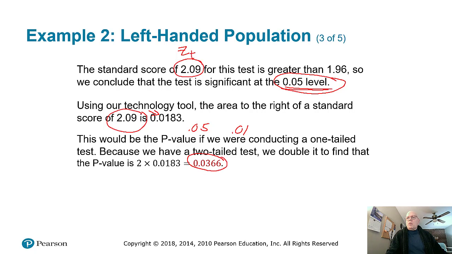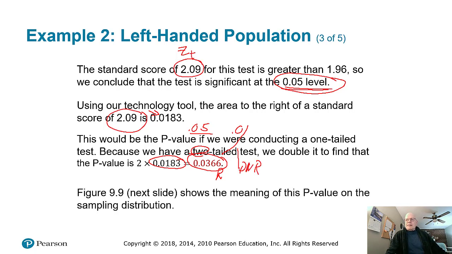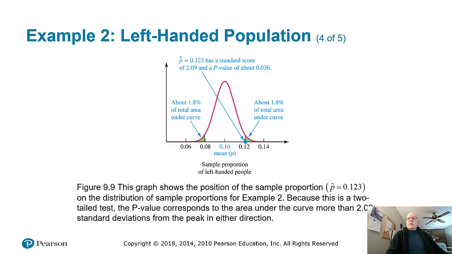Remember, we take this number, we double it because it's a two-tailed test. In this case, it happens the same way. At the 0.05 level, we reject the null. At the 0.01, do not reject the null. And that's how it goes, folks. That's what it looks like picture-wise.